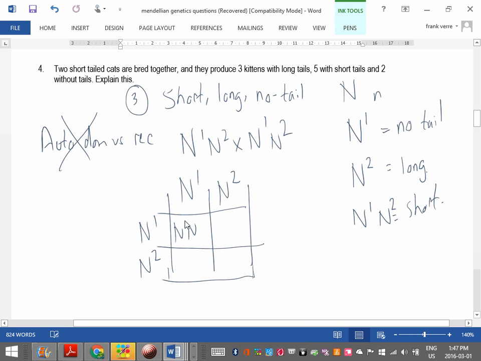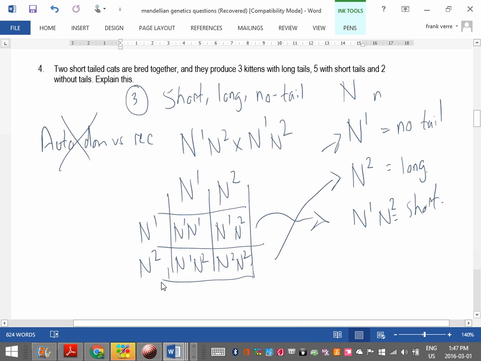What would this be? That would be no tail. What would this be? Short. Short. And does that model make sense? Yeah, so that one works.